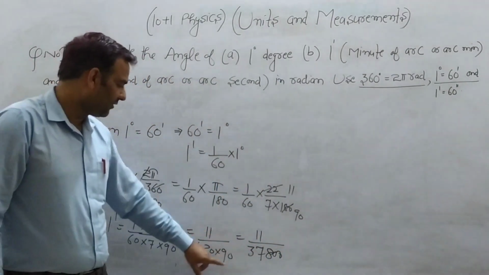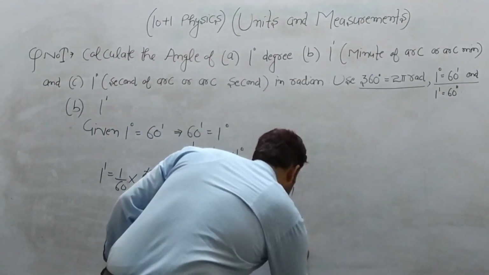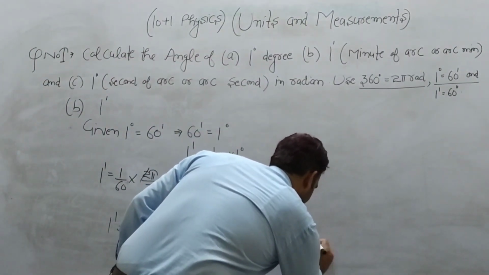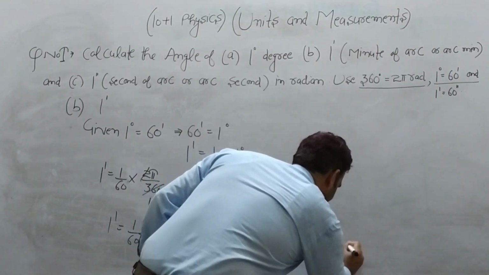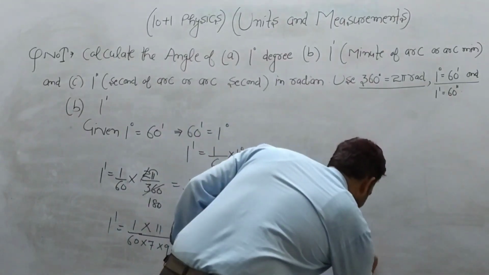Whenever we simplify, we got here 0.000291 radian.